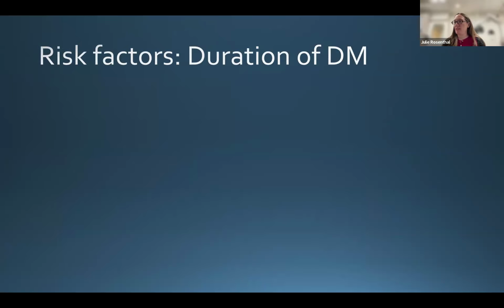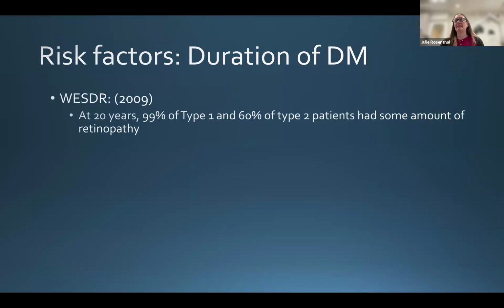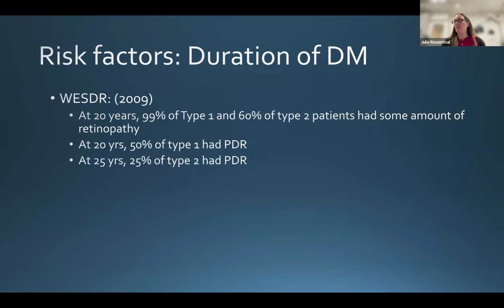So duration of diabetes. There was a large study called the Wisconsin Eye Disease Study. These results came out in 2009, but they've been doing this study since the 80s. And a very, very large percentage of those who have type 1 and type 2 diabetes at 20 years of diabetes have some amount of retinopathy.